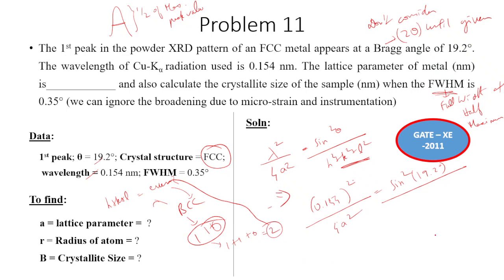But if it is FCC, then h, k, l should be either all even or all odd. So the first peak for FCC will be 1, 1, 1, because all three are odd, right?